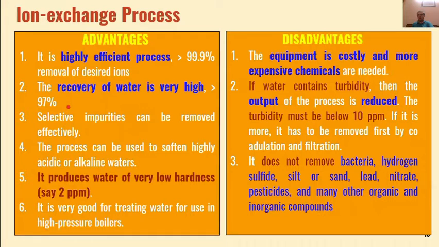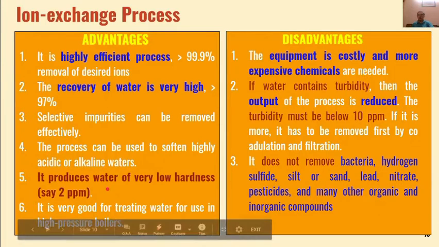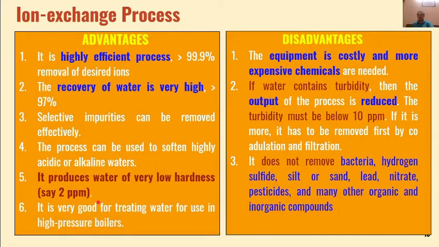Then selective impurities can be removed very effectively, and the process can be used to soften highly acidic or alkaline waters, because acidic or alkaline cations and anions can also be removed through this process of ion exchange. And this produces water of very low hardness, say from 2 to 10 ppm. And this is very good for treating water for use in high pressure boilers.